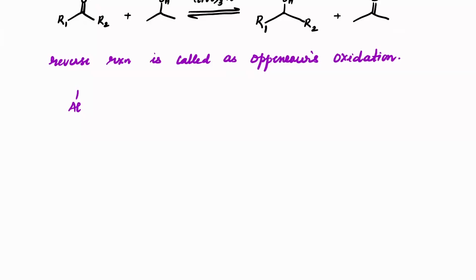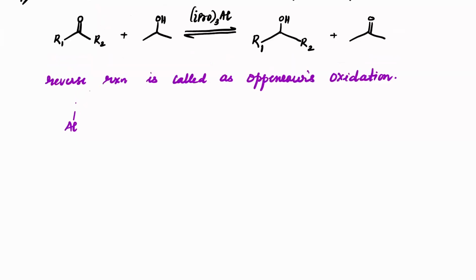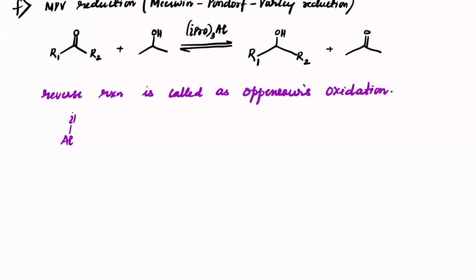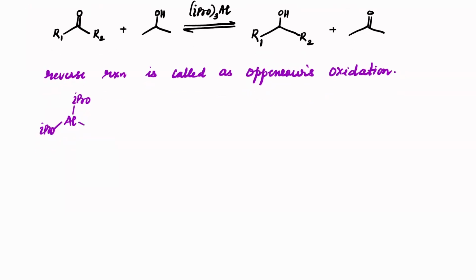Aluminium isopropoxide, let me write this aluminium isopropoxide as iPrO here, and on the other side I'll actually show the structure.